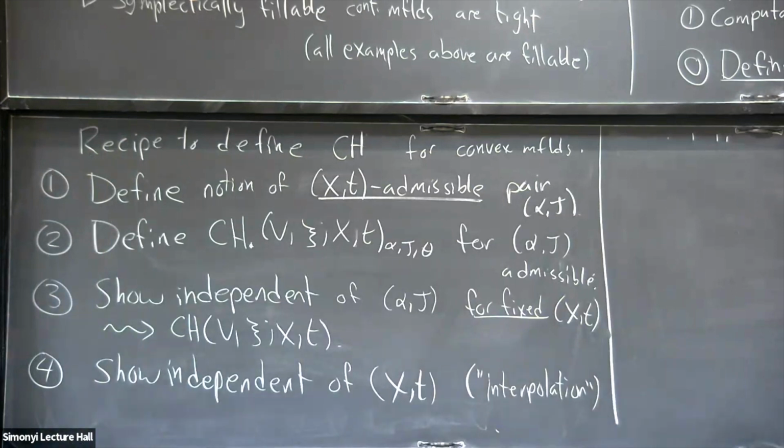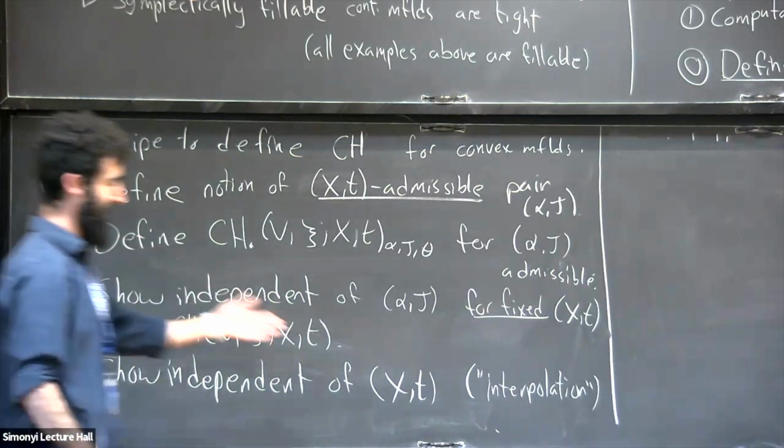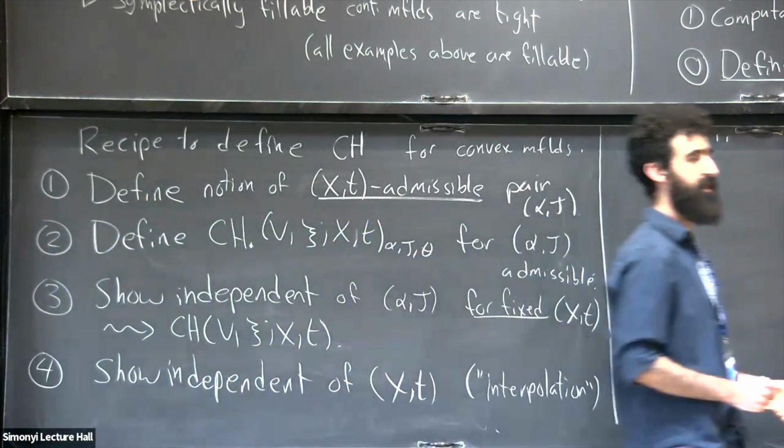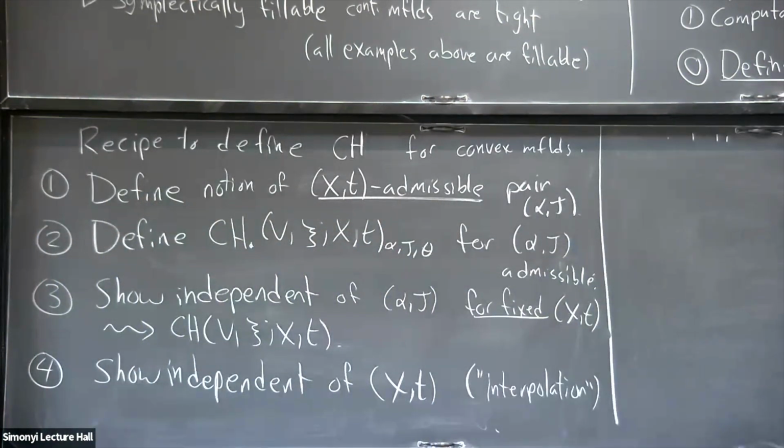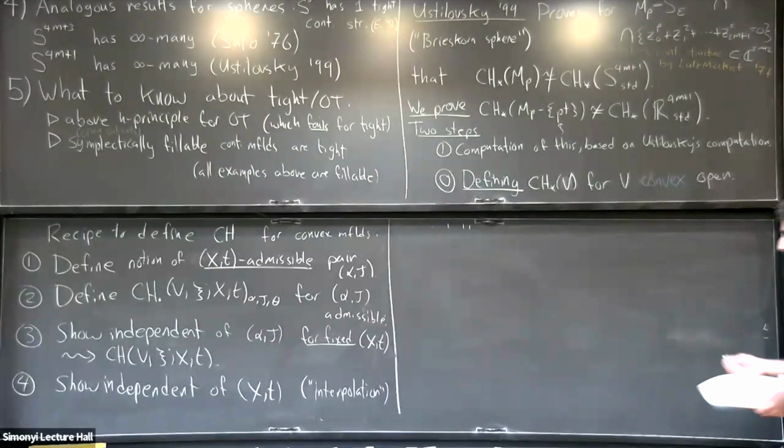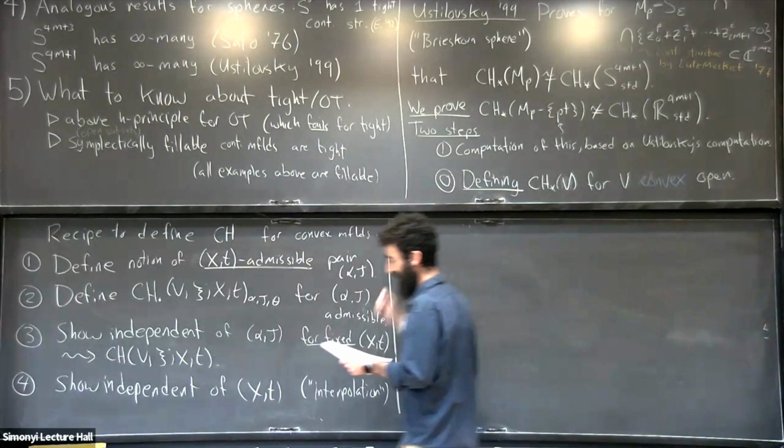So in the end, you don't have to take some colimit with respect to the convex structures. It's actually independent. Here too, it turns out that any convex structure will do. As it turns out, there is a colimit involved, but not like that.